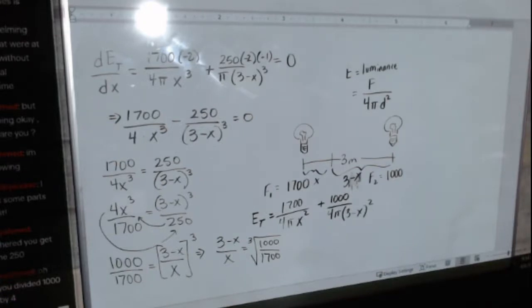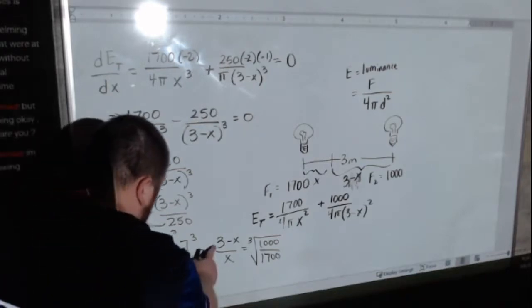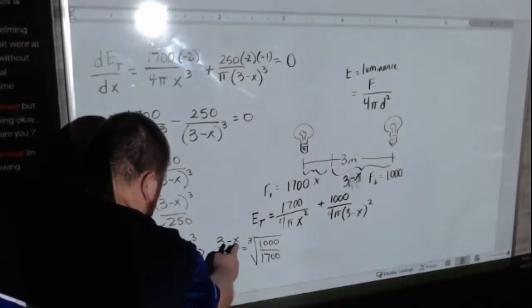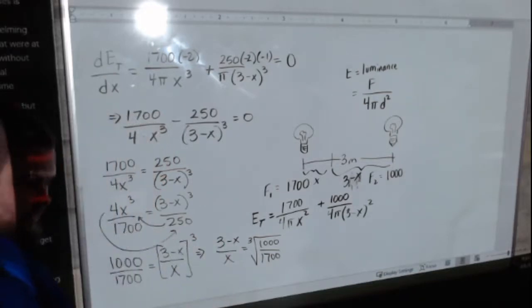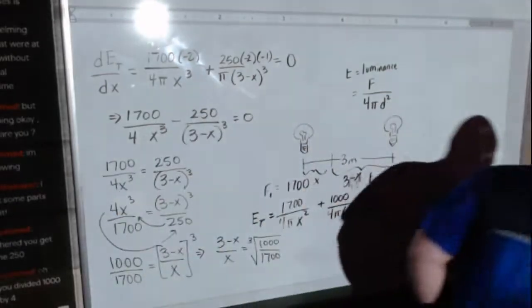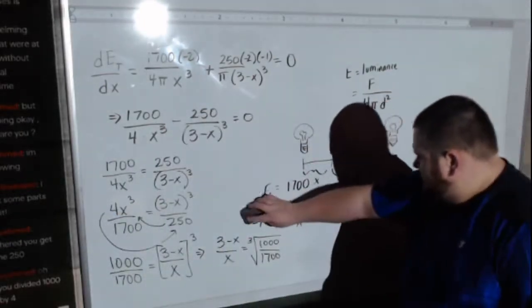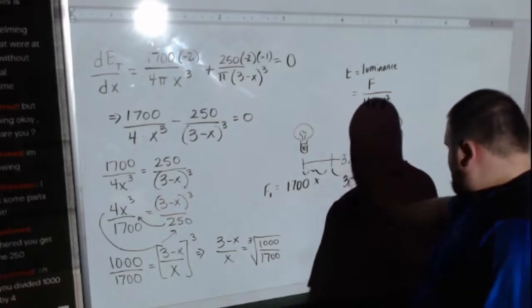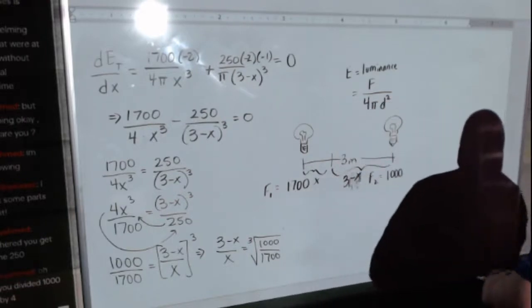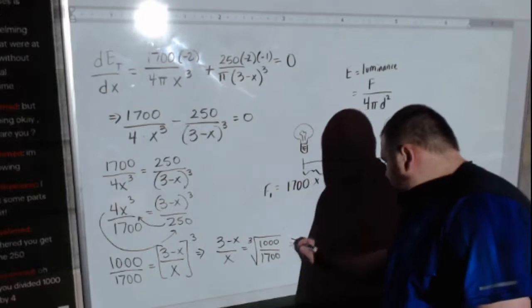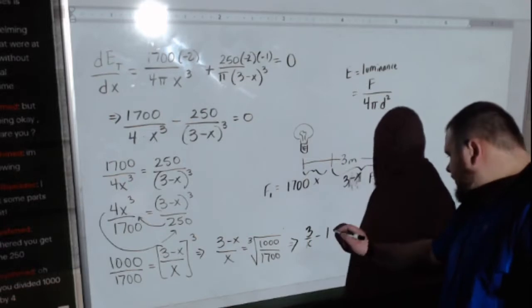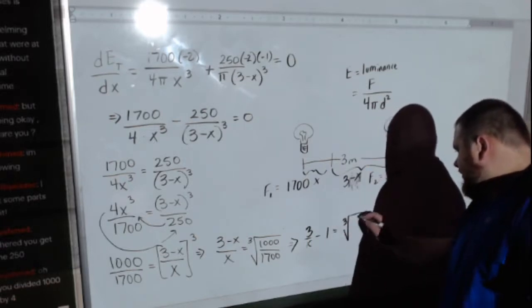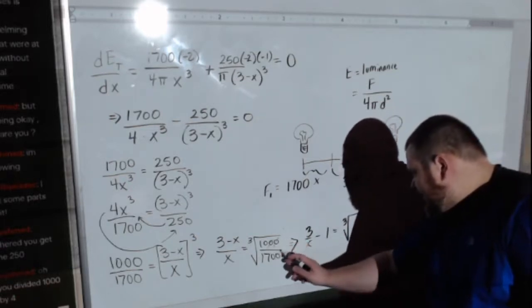And here's where people try to tell me that you can't solve it. I think the easiest way at this point is probably to divide these into separate fractions. So this is 3 over x minus 1 equals the cubed root of this number. Let's go ahead and get rid of these zeros here.